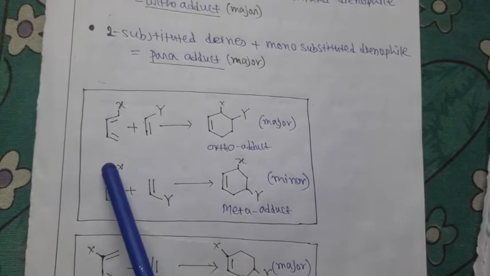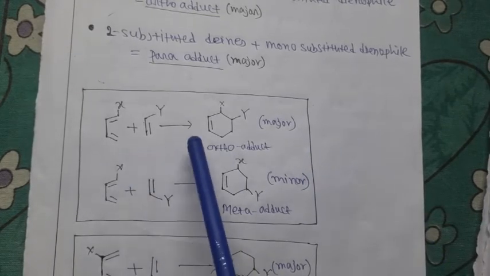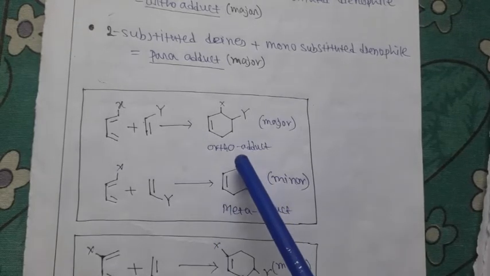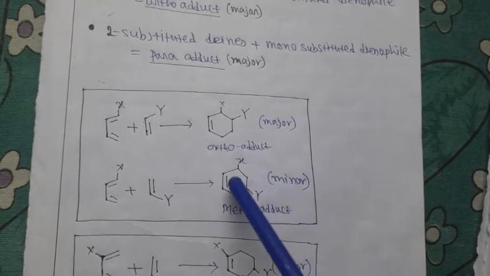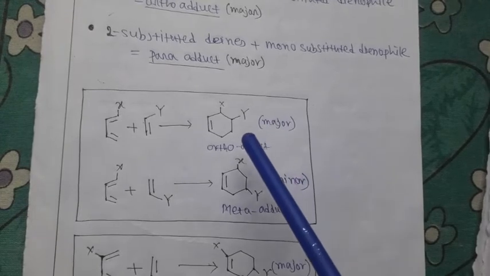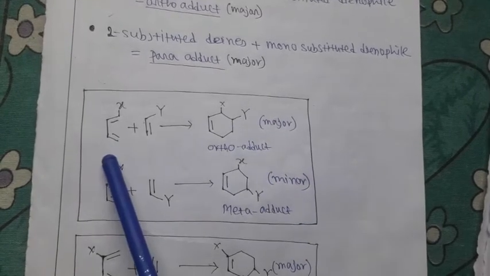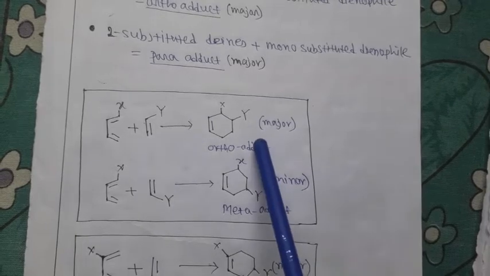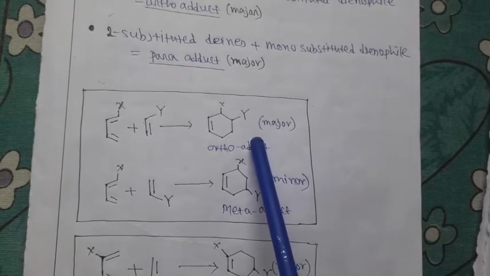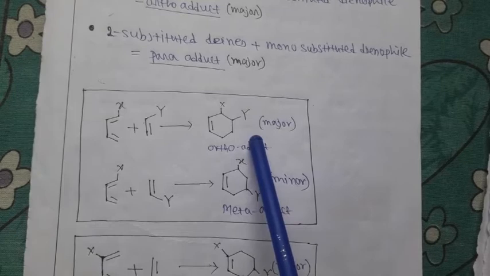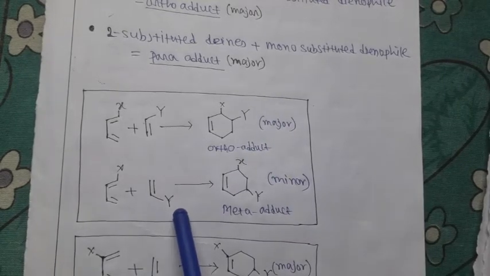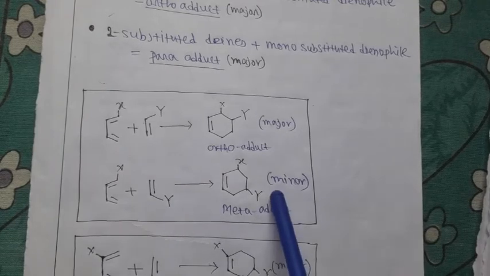If you have a one substituted diene and monosubstituted dienophile, there are two possible regioisomeric products. Orientation of diene and dienophile like this will give ortho adduct, while orientation of diene and dienophile like this gives meta adduct.